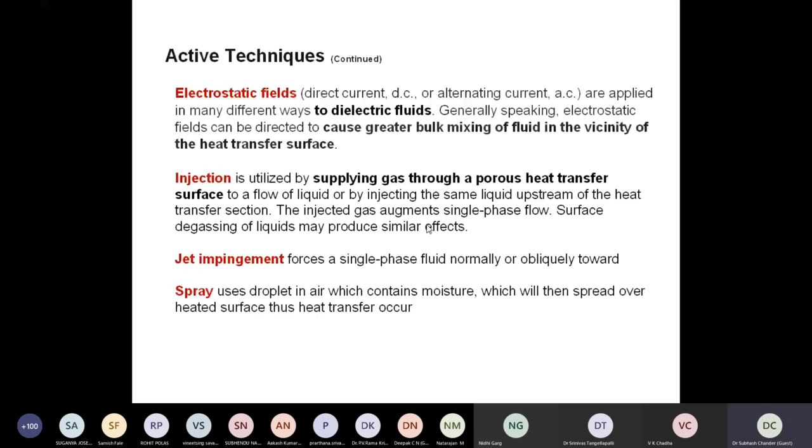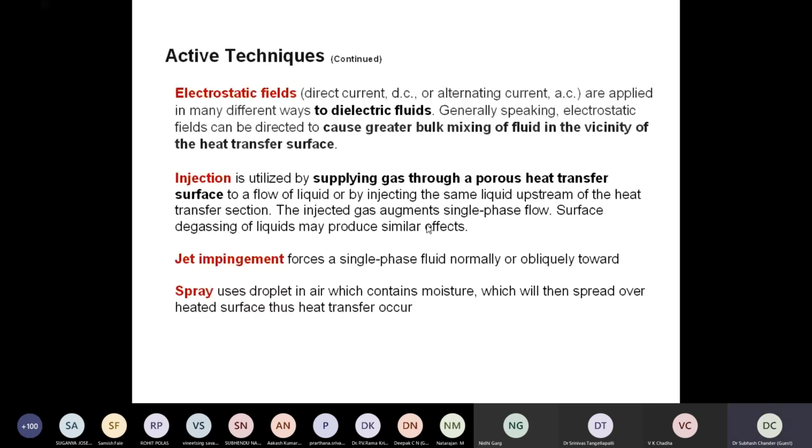Jet impingement is another area where we can think of creating small jets and allowing them to impinge over the surface, and we can play with the boundary layer and have enhanced heat transfer from the surface, right?